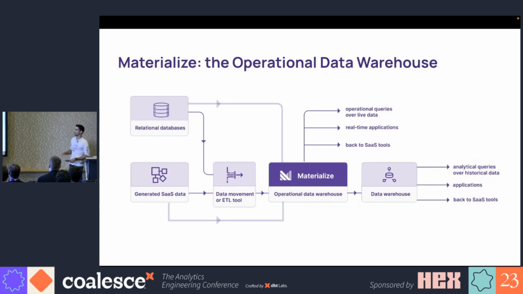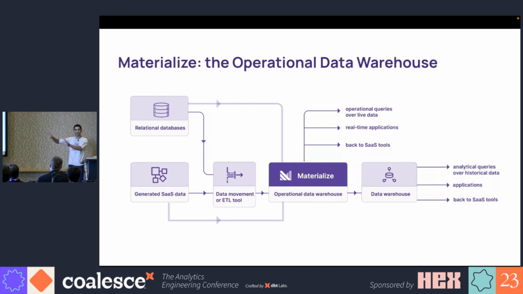So we built Materialize, the world's first operational data warehouse. And it fits right into this pipeline that you already have. It connects to all the same upstream sources of data. You power all the same things off of Materialize. You still have your BI dashboards running off of Materialize. You can use reverse ETL tools like Census's new real-time sync to send the data back to these SaaS tools where your marketing, your sales, your finance teams live.